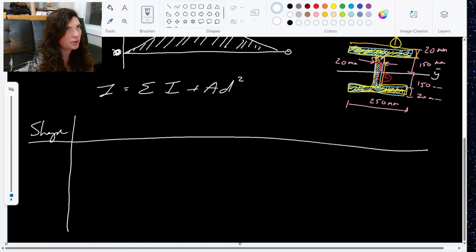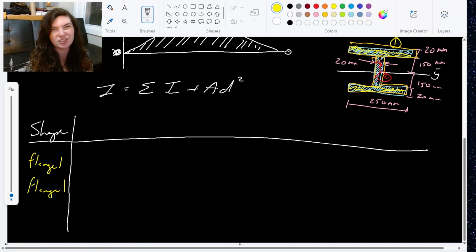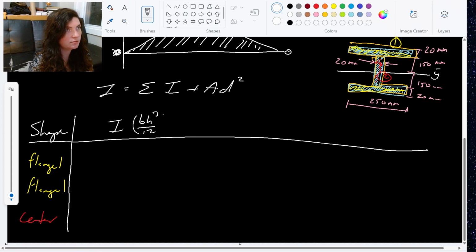I like to do the shape. So my shape, I'm going to call it flange 1, and then the top and bottom are the same, so these two are essentially just doubling each other, right? There's a top bar and a bottom bar. And then there's the center. I like to put in my moment of inertia calculation, which, since these are all rectangles, they're all going to use base times height cubed over 12.